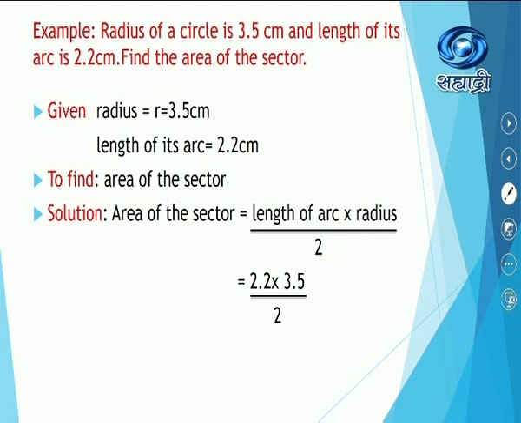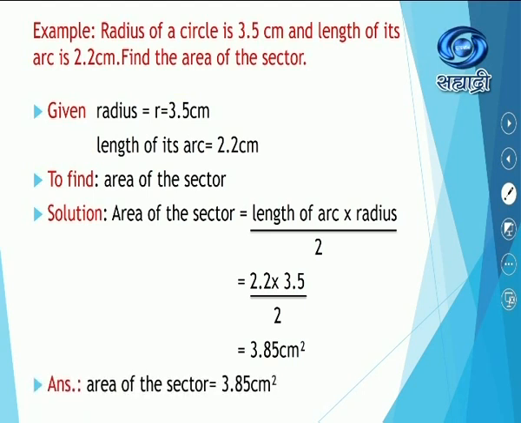Substitute the formula: 2.2 into 3.5 upon 2. So if you go on multiplying and dividing, you will get the answer as 3.85 centimeter squared. Therefore, area of the sector is equal to 3.85 centimeter squared.